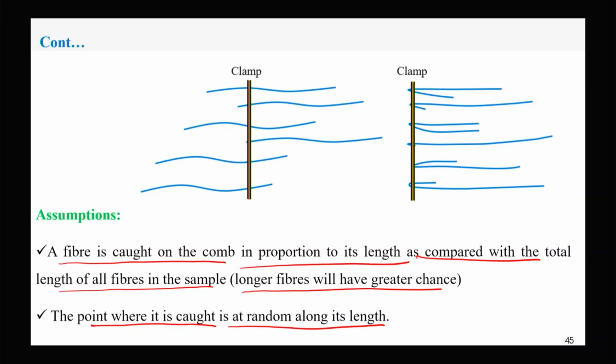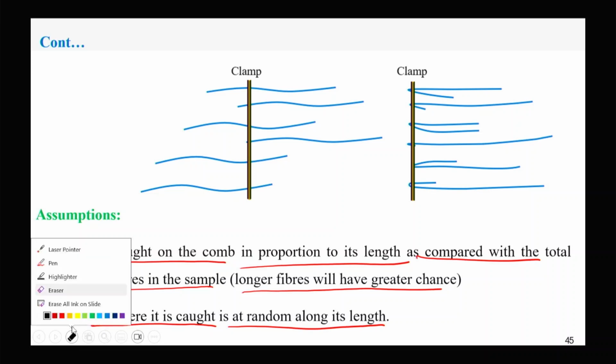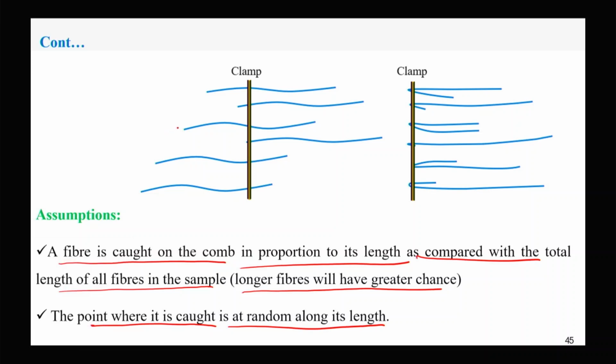Now when we pick the fibers randomly, say this fiber, this one is picked at the center, this fiber is picked at the end point, and all other fibers are picked at different points along the length.